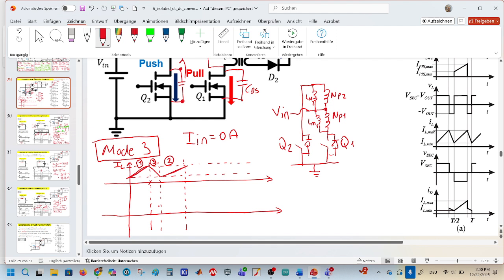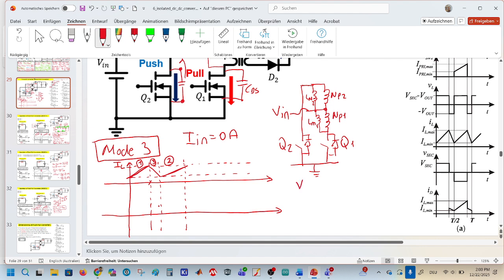And the input current during mode 1 and mode 3 is 0. We know that there is no current flow during mode 3.